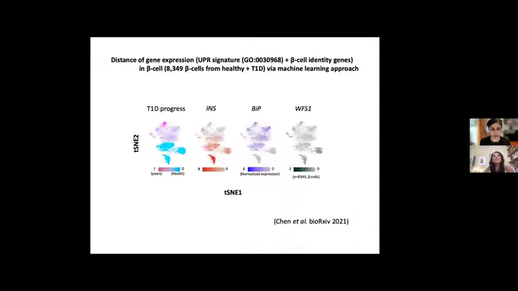To better understand the relationship of the different populations of beta cells with the UPR marker genes, we used a machine learning approach to determine the distance of gene expression of the UPR signature genes, the GO pathway is here for you if you are interested, plus the beta cell identity genes, over the beta cell populations, healthy and disease together.